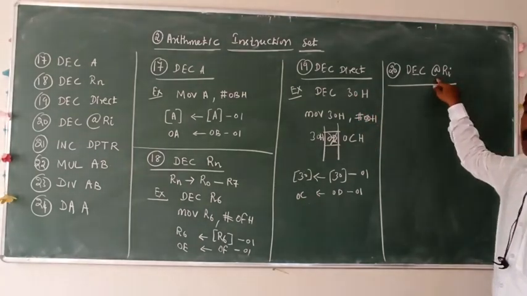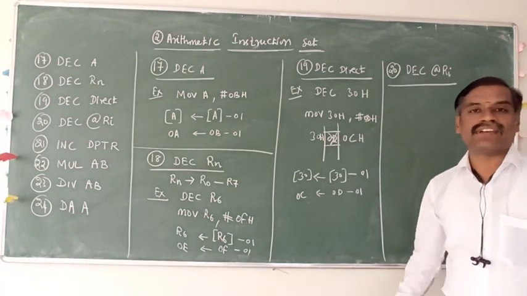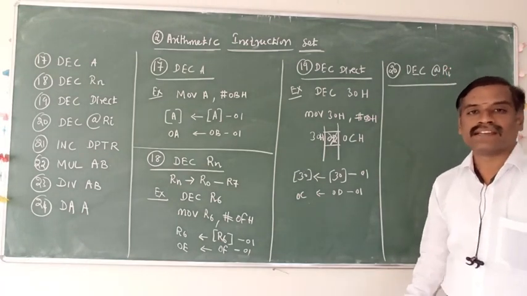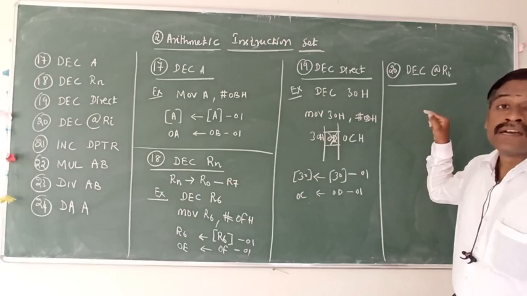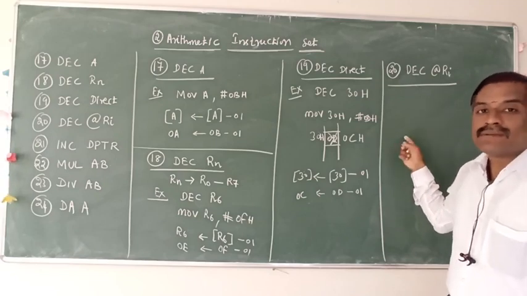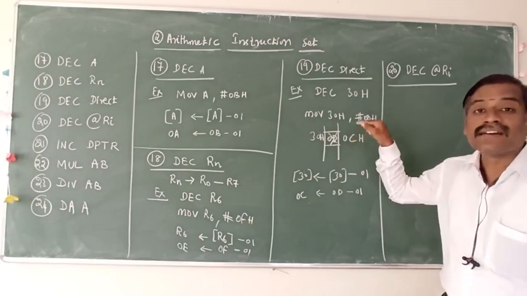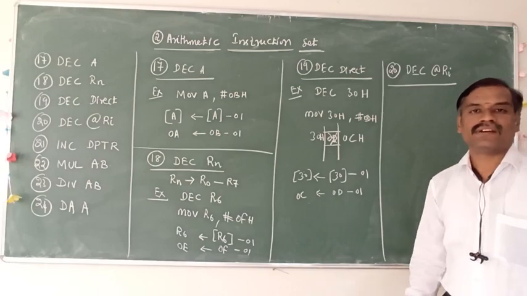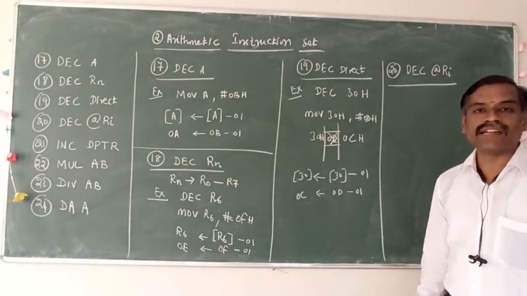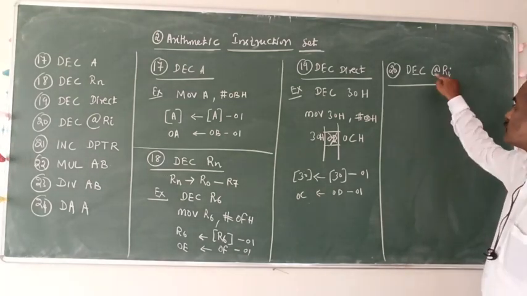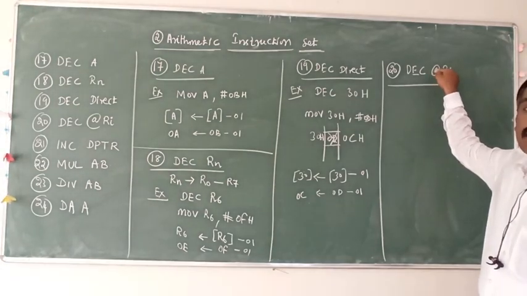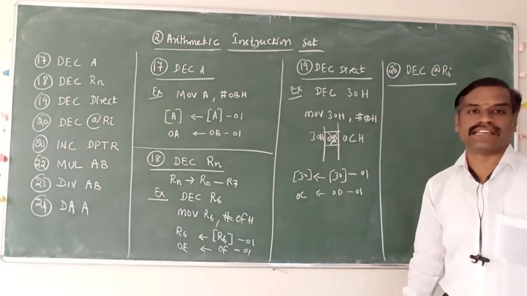But here, data is not directly available in the memory address. The memory address will be available in the internal register. We have to decrement and the result to store to the given internal memory address location itself.